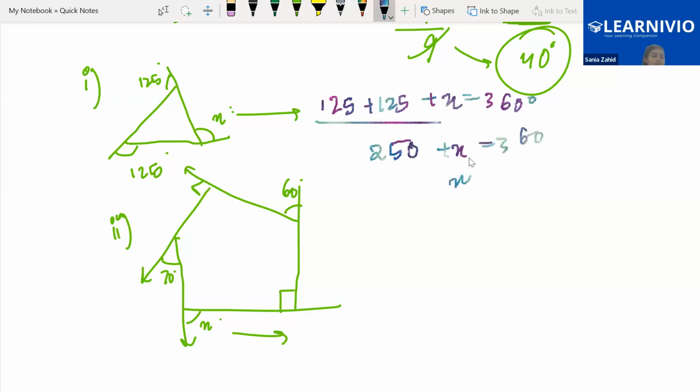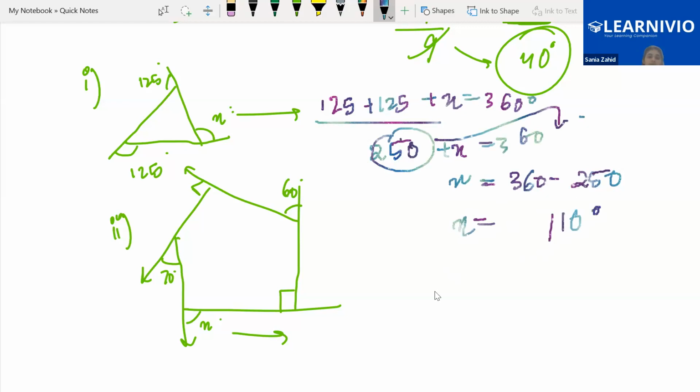Now to calculate the value of x, you have to do 360 subtracted with 250. See, whenever you transpose any number from one side of the equation to the other side, you reverse the sign. So over here, 250 is being added. So now you will subtract, just reverse the sign, okay? So x will be equal to 110 degree.